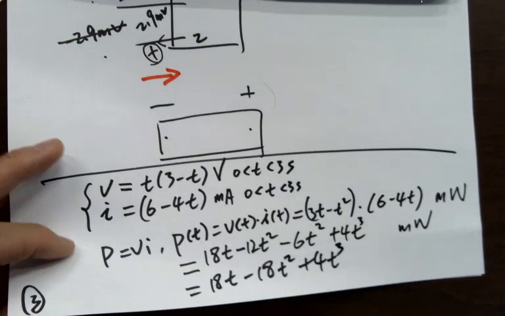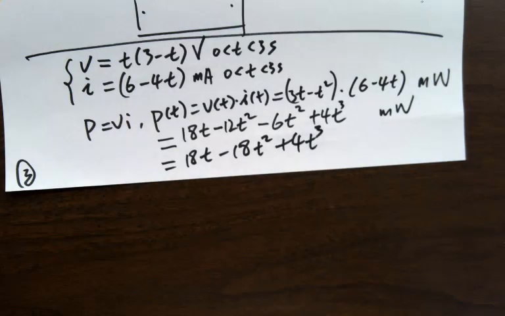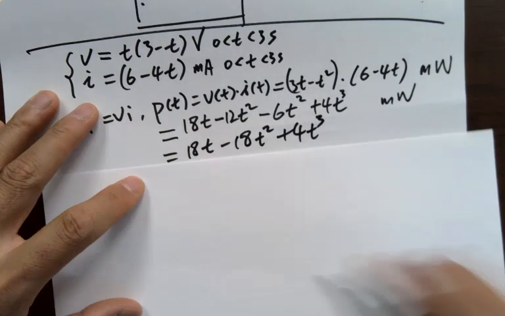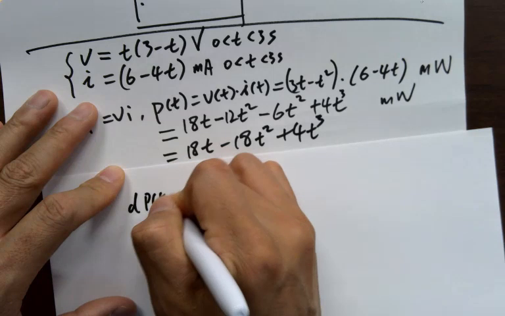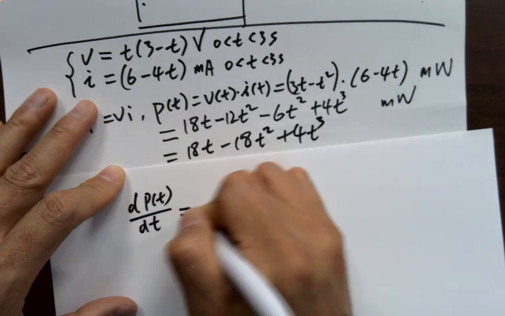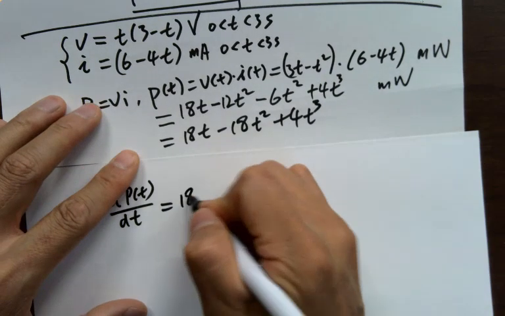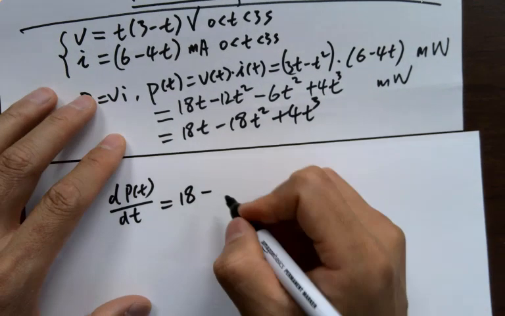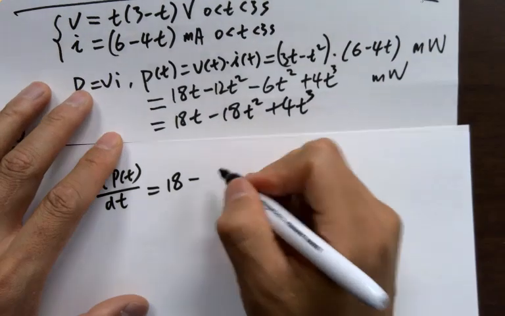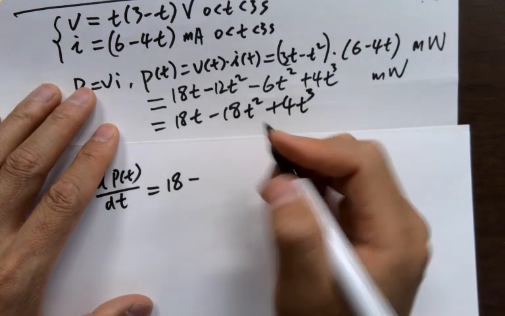So to find the maximum, take the derivative of p over t. So dp/dt becomes 18 minus 36t plus 12t squared, and you set this to 0. See, this is how you spend a lot of time on algebra instead of electrical circuits.